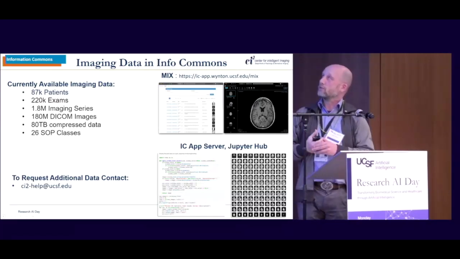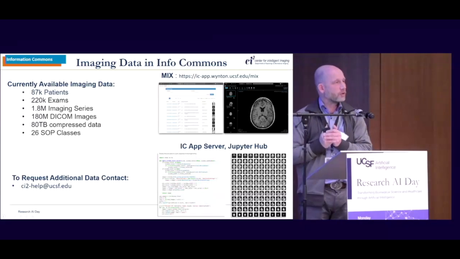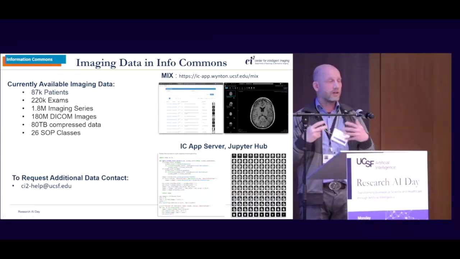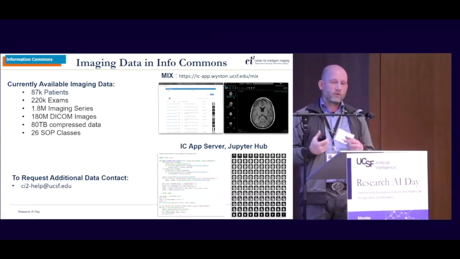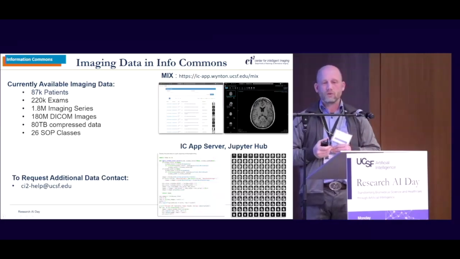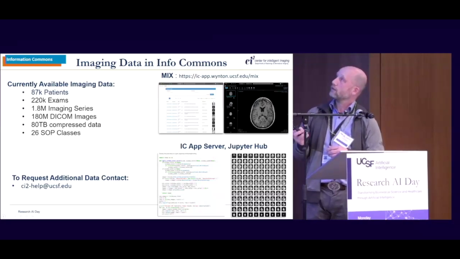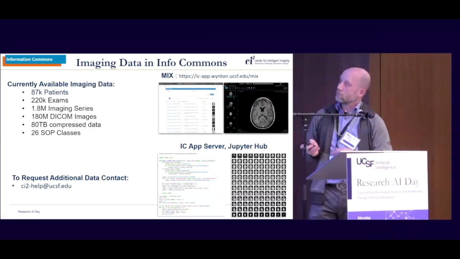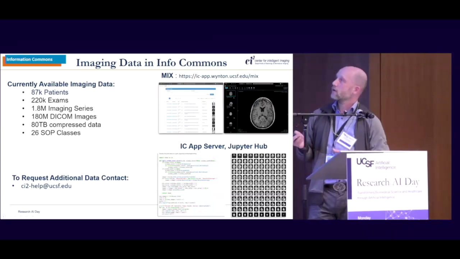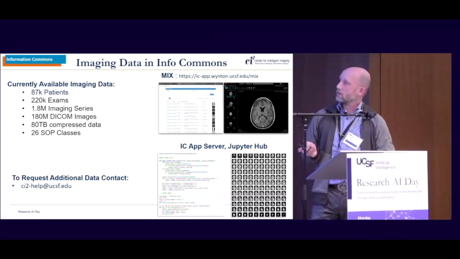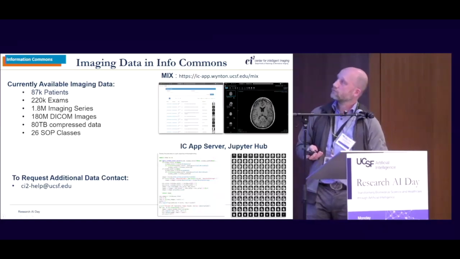So the CI2 Center for Intelligent Imaging has developed an algorithm to remove those and make this data available in the Information Commons without IRB. And there is a graphical interface that you can use. Go to this website if you want to explore what the images are. You can display them and go through all the scans. Or of course, you can write your own Python or R Jupyter notebook.